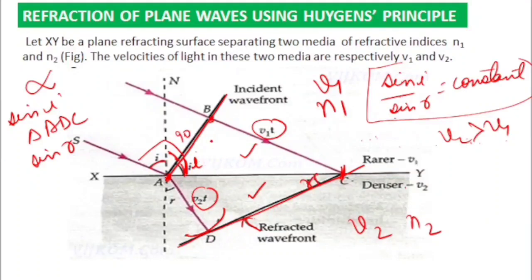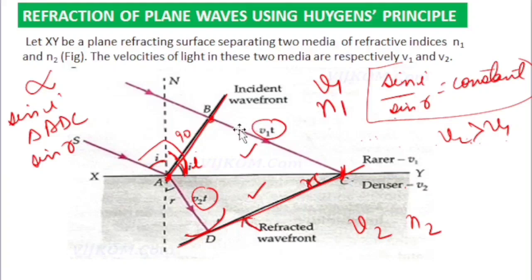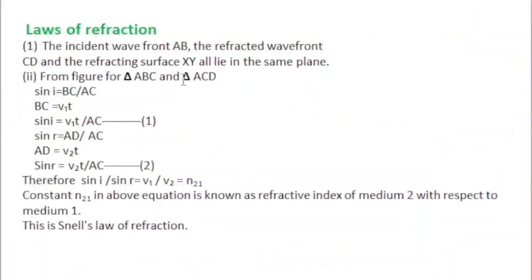So what is sin I from this triangle ABC? Yes, sin I is BC by AC. BC is this one, V1t, and AC is this one. So just find sin I first. Sin I is BC by AC. BC is V1t, so you get sin I equal to V1t by AC, equation number 1.